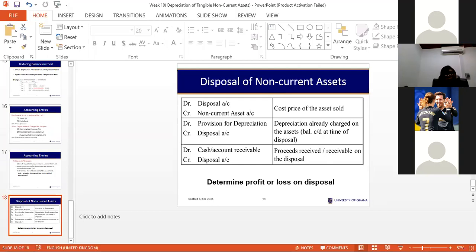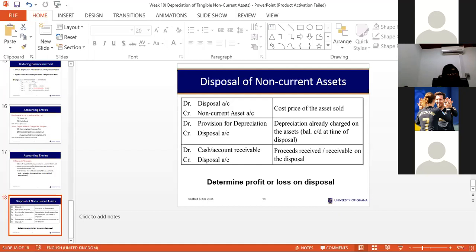And so when you want to dispose of it, what entries do you pass? Now you have to move that whole asset value to the disposal account. So you have to open a disposal account and move the values in. So you move the cost price of the assets that you have sold by debiting the disposal account and crediting the asset name.